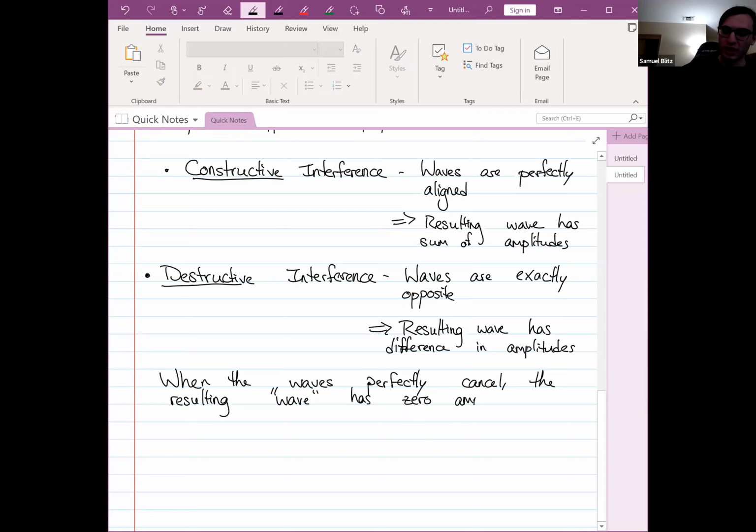Which is to say that the amplitudes of the two waves were equal and they were perfectly anti-aligned. And we call this phenomenon, where you have two waves coming in and nothing coming out, total destructive interference, which sounds super cool.